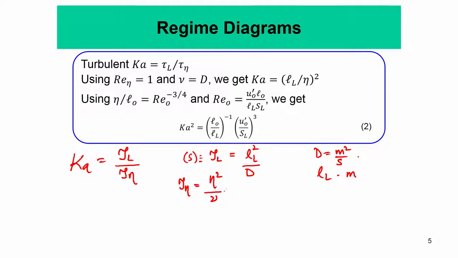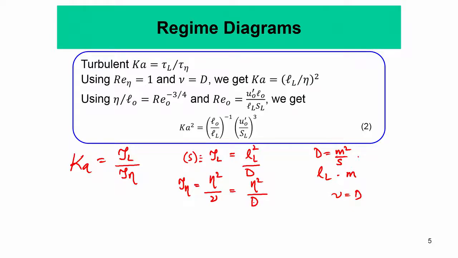Why? Because you remember, by Kolmogorov's first similarity hypothesis, the small scales should be determined only by nu, and if required by epsilon. So, of course, in the definition of eta you have a definition of epsilon. So, here we can form this tau eta from eta and epsilon and nu. Now, we can replace this by d, because nu is equal to d.